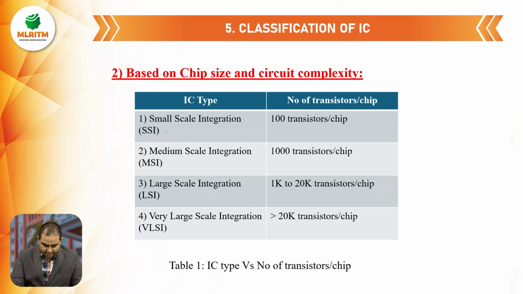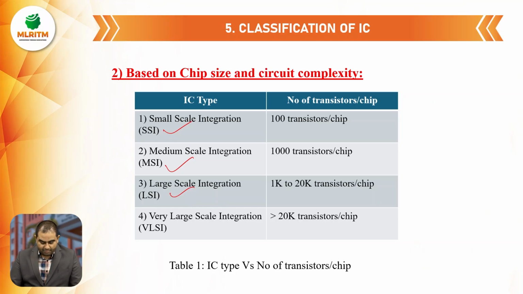The first type, small scale integration ICs, have 100 transistors per IC. The second one, medium scale integration, consists of 1000 transistors per IC. The third one, large scale integration, consists of 1000 to 20,000 transistors per IC.